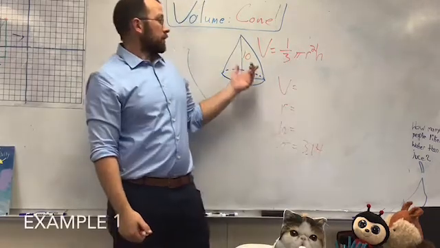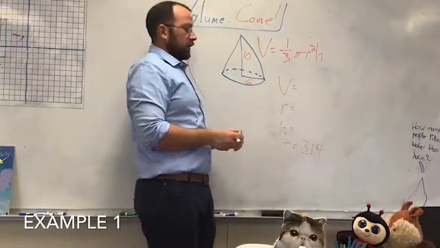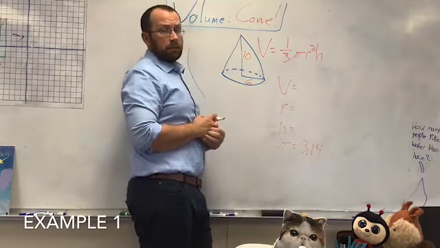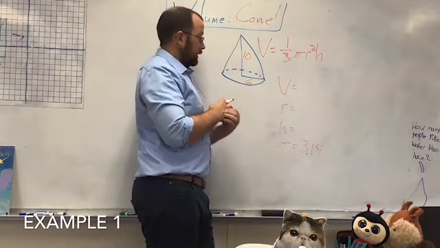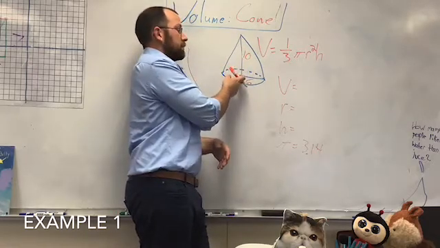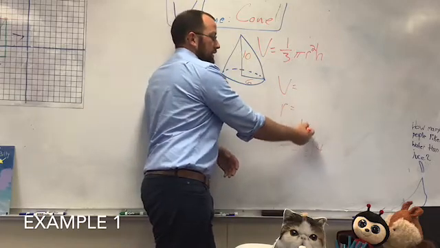Alright, here's our first example. Again, I wrote out everything over here that I need: volume, radius, height, and our pi is going to equal 3.14. So this is my height from the center of the circle at the bottom all the way up to the tip of it. So that's 10.